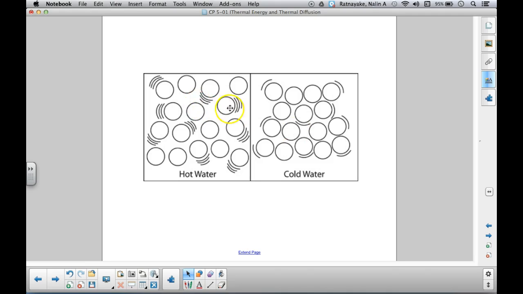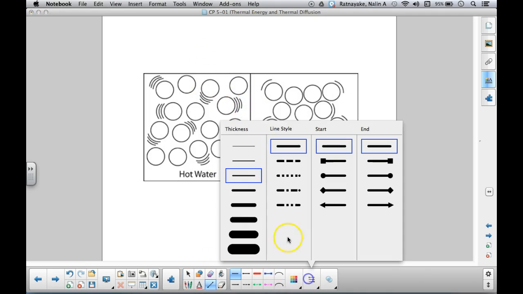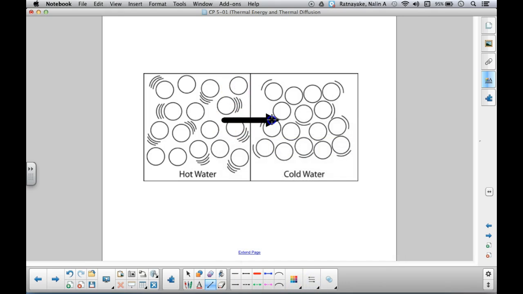They're still moving a little bit, just not as fast. And so this motion, if you can imagine these molecules bumping around, there's going to be more bumping from the left side to the right side. So this bumping is going to transfer over here, and that's really what we're moving as heat flow. We're moving the kinetic energy of molecules from the hot water to the cooler water, and that results in heat flowing this way.